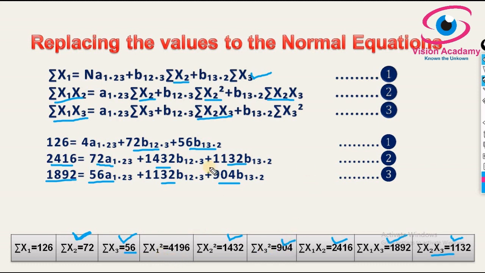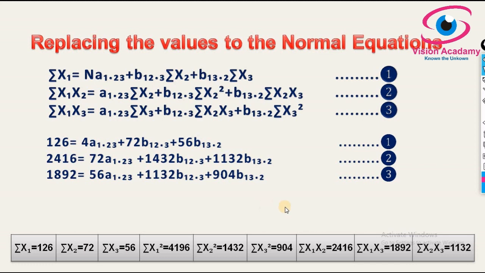We have just replaced the values of the variables, whereas the partial regression coefficients are the same, which will be obtained by reducing the equations to a single value.